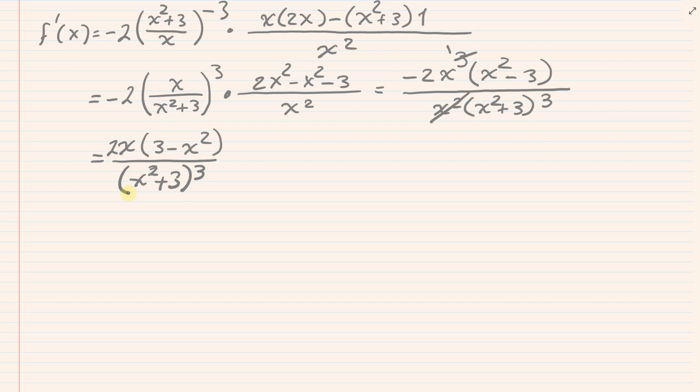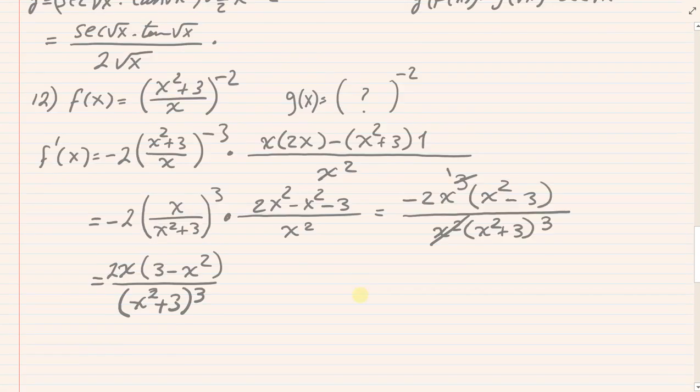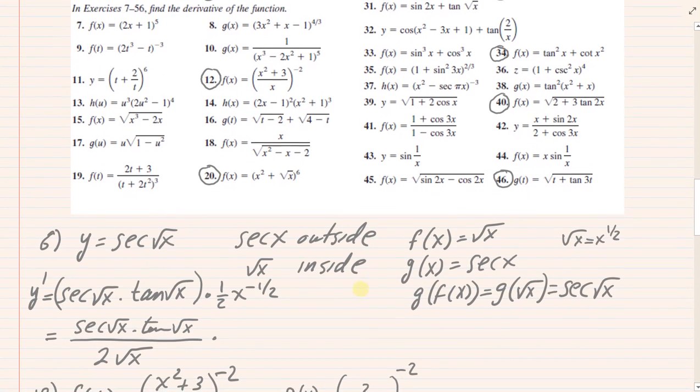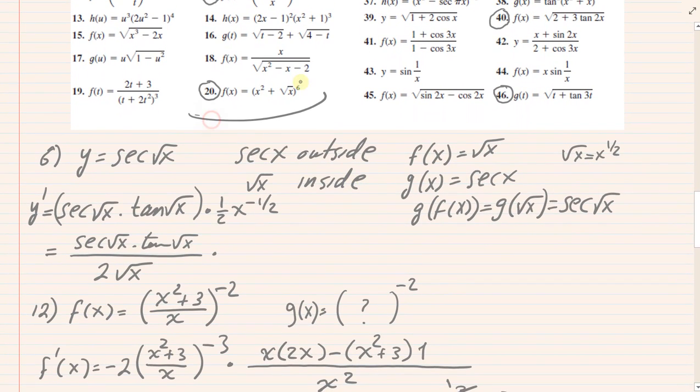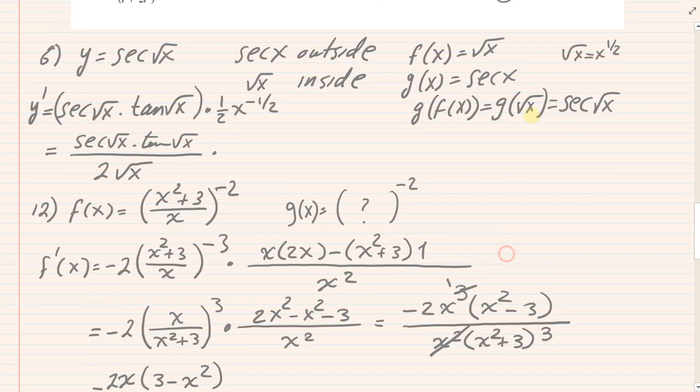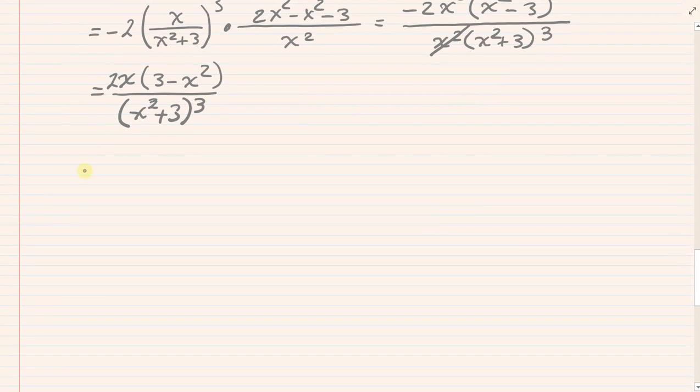Let's take a look at another one. This was number 12. Let's do number 20. In number 20, I have x squared plus root x, to the 6th power. That's number 20, the one we're doing. Here's our f of x.